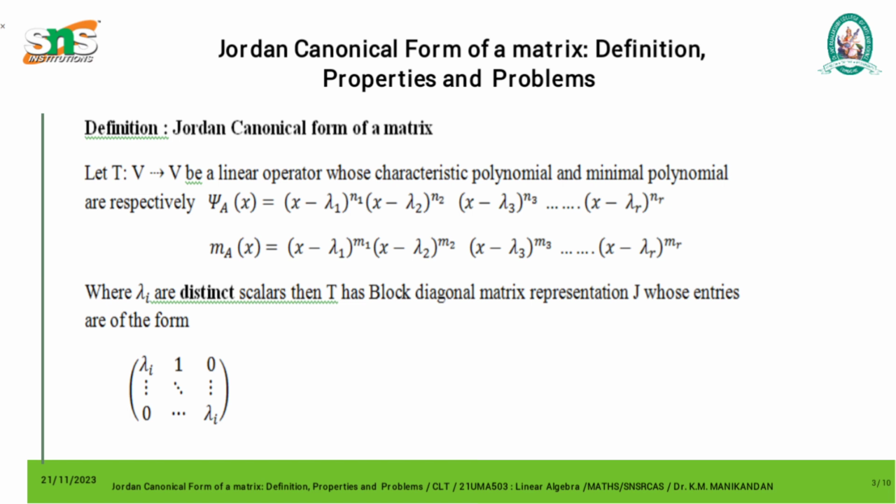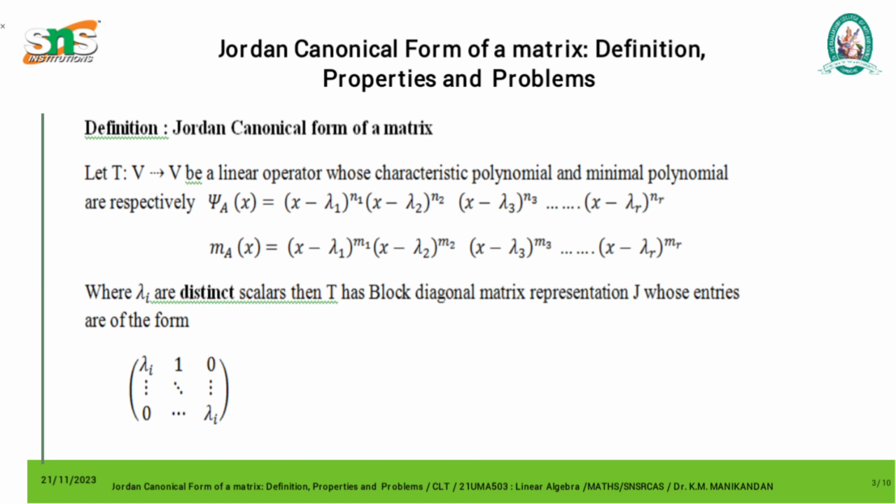And one more thing, the sum of the indices n1 plus n2 plus n3 plus etc. plus nr is equal to the order of the matrix, where the lambda i's are distinct scalars.